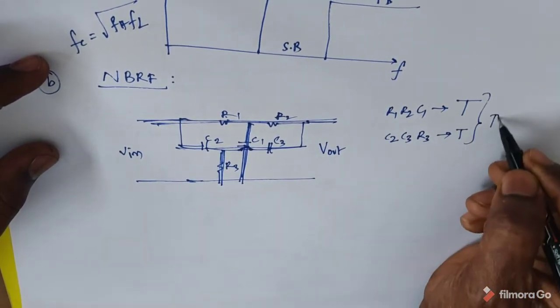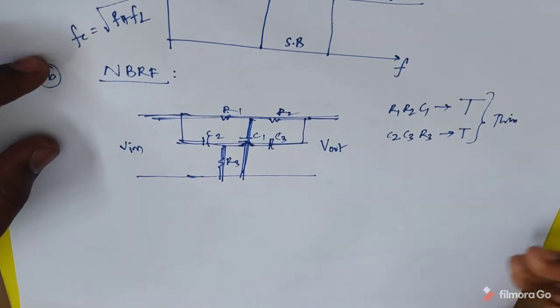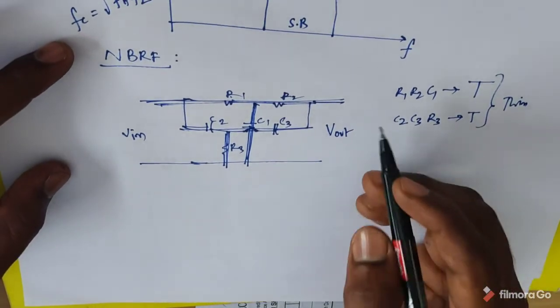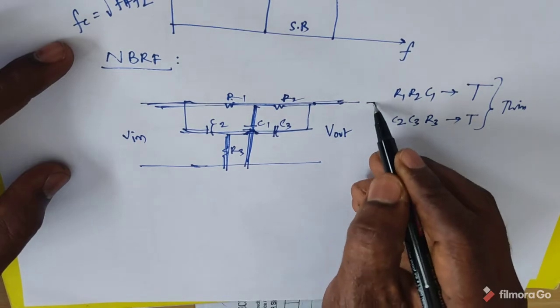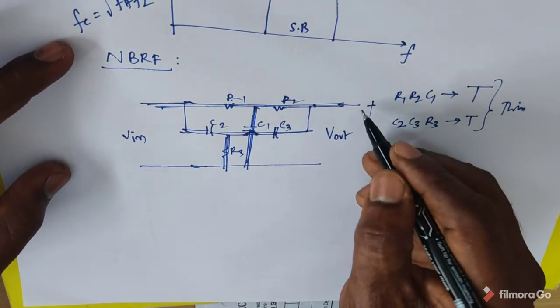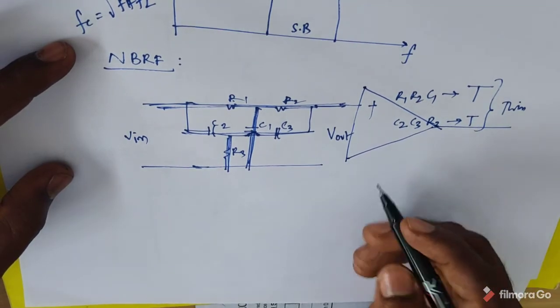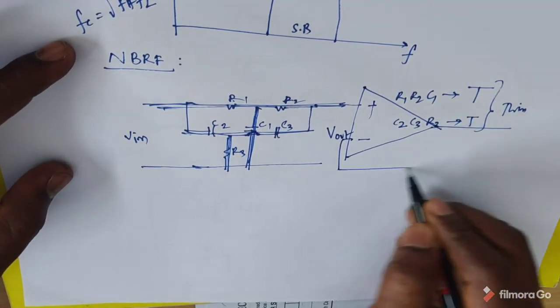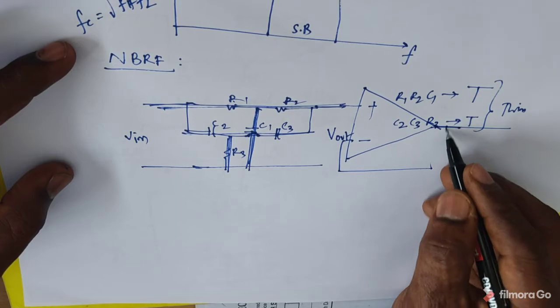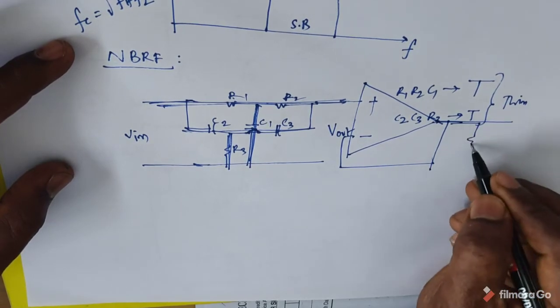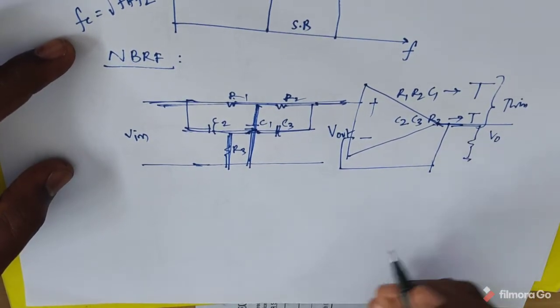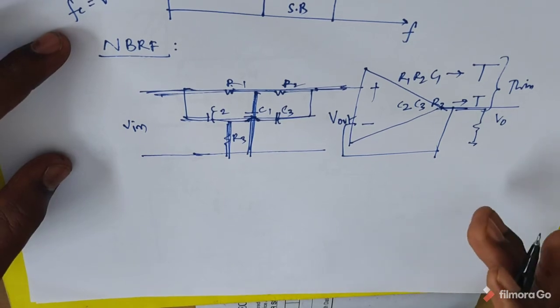We have two, simply you can take twin, like that you can design this. This type of shape can be connected to the positive terminal of the operational amplifier, and the negative terminal is connected to a buffering amplifier, with the output voltage across this. So this is the actual circuit diagram.